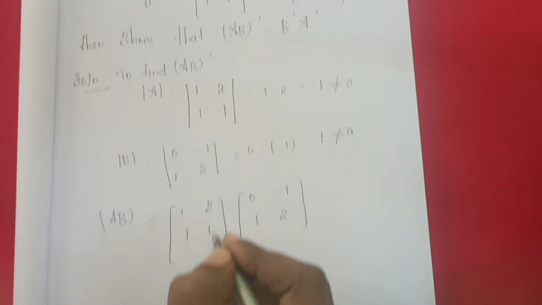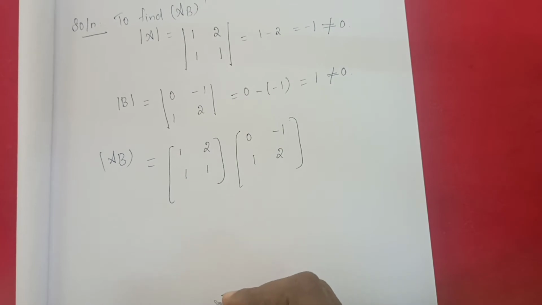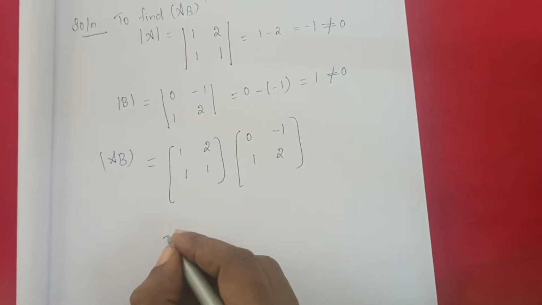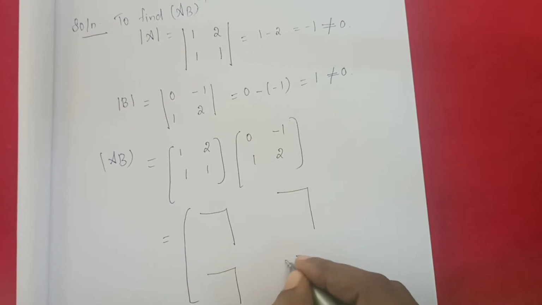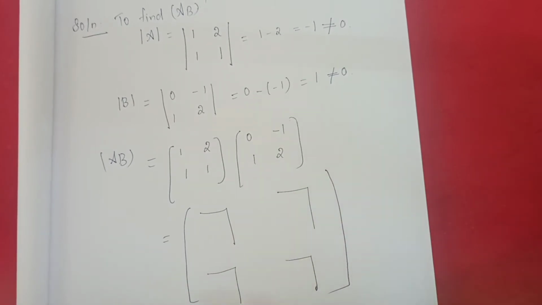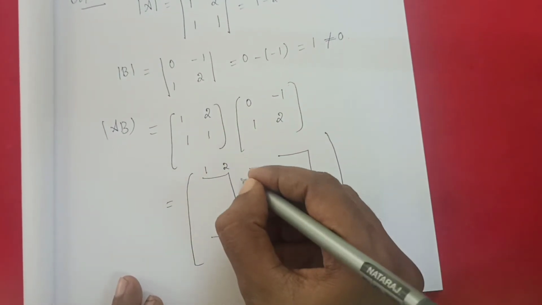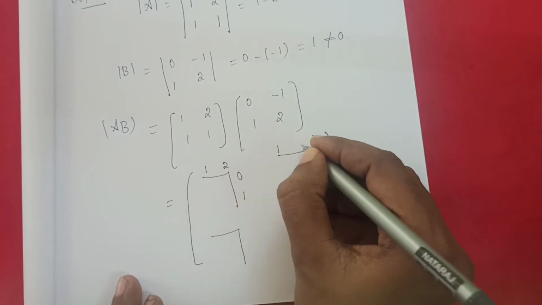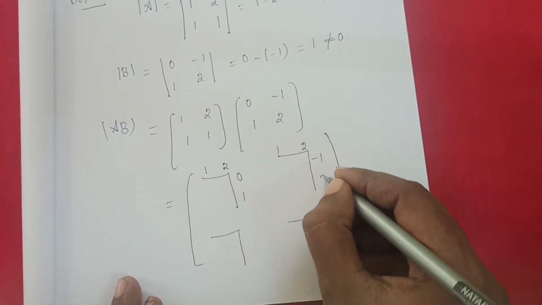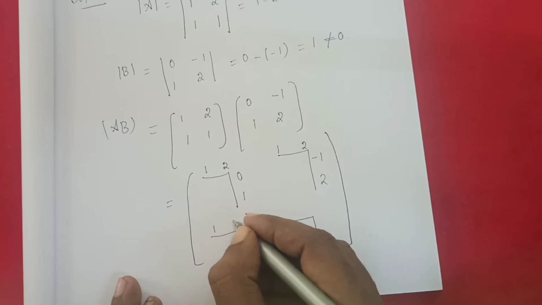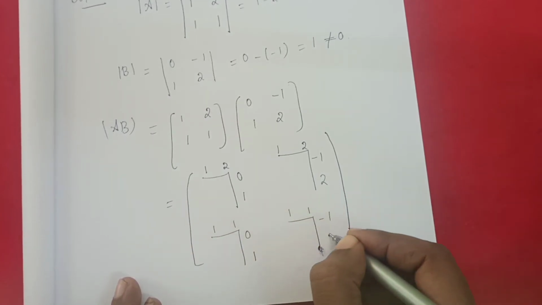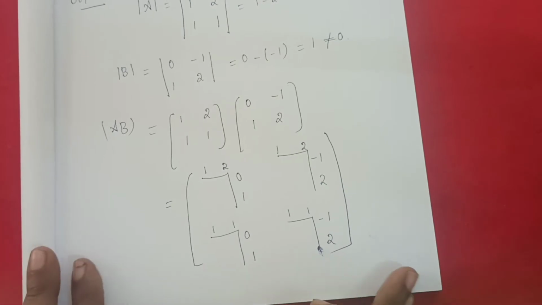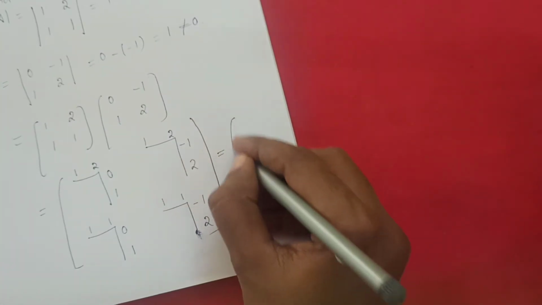Now, by using the row by column method, we need to find the product of these two matrices. Now multiply and write down here.